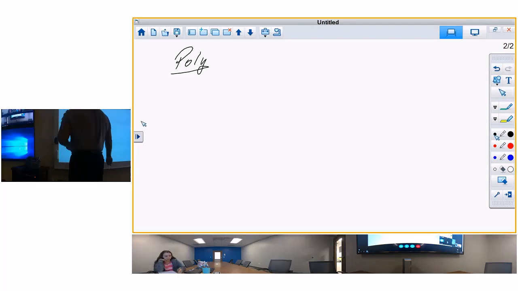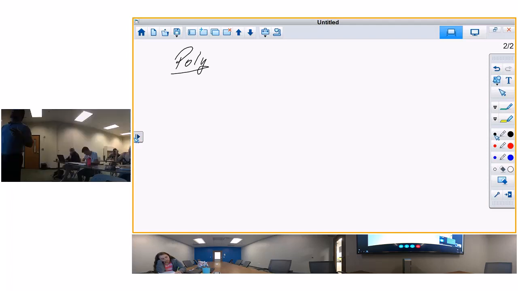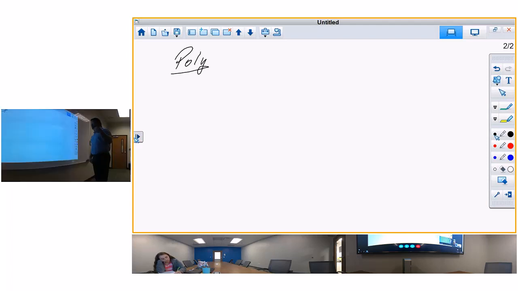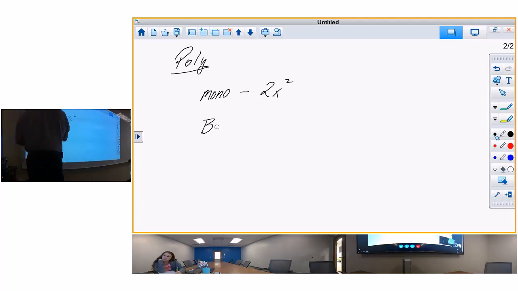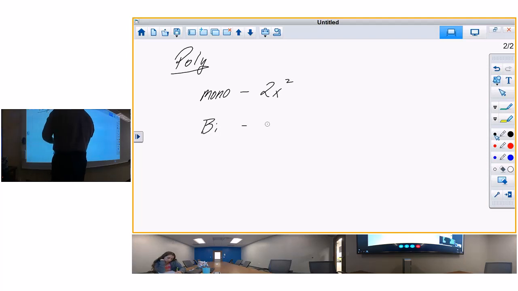Polynomials are basically several term algebraic sentences. All right? So a monomial is 2x squared. A binomial is 2x squared plus x.